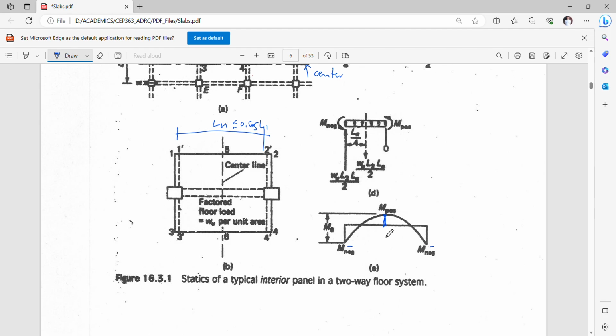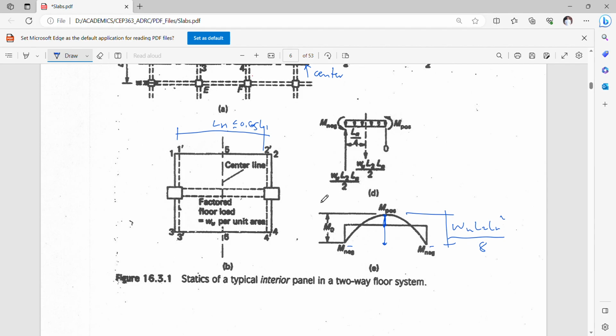This is the center span of L1. If we are going to do some statical calculation, this is simply equivalent to WU L2 Ln squared over 8. That's how it is.